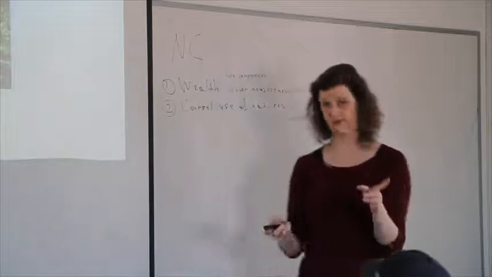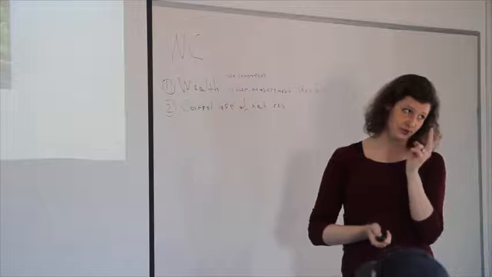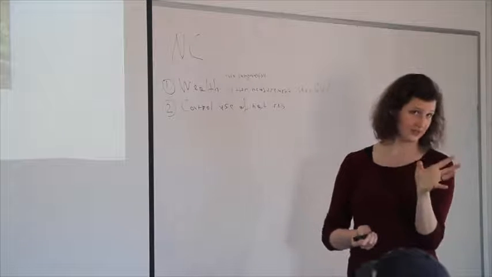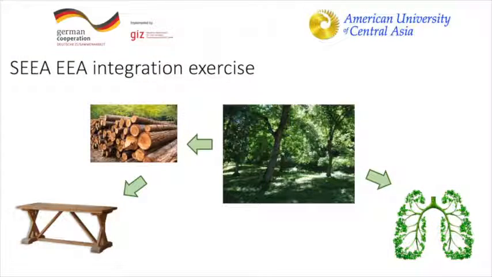So that's what we're going to do. And just to make things simple, we are going to look at two types of products or services. The first one is pretty straightforward, and that's the ecosystem service of timber production. And then the final product would be furniture.